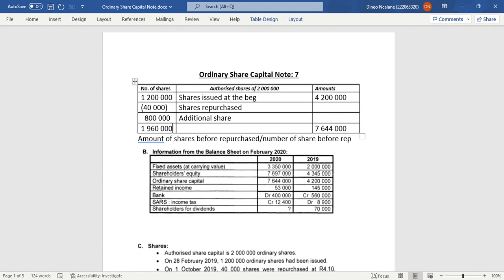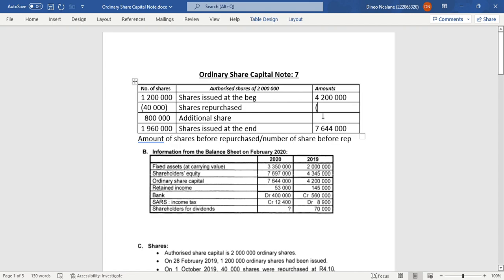Here you have to indicate these are the shares issued at the end of the current financial year. So right now we have two missing amounts.